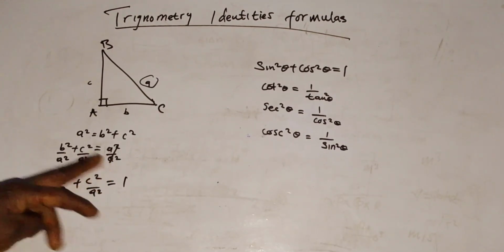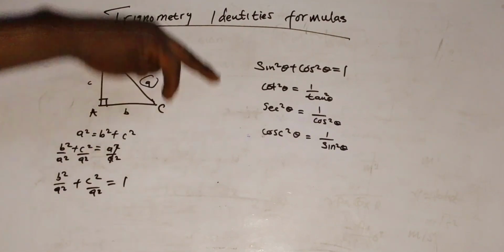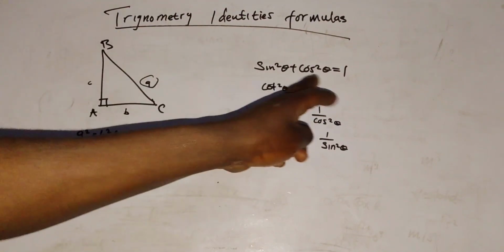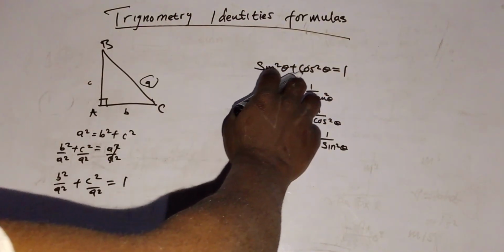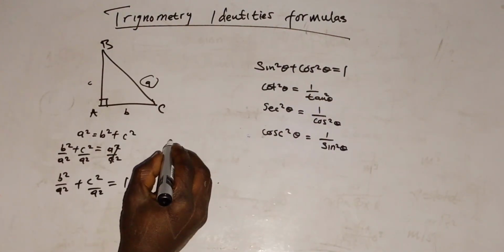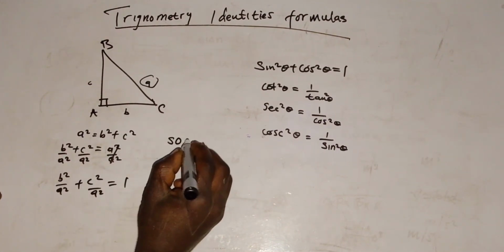And from this expression we can create this trigonometry identity, which is sine squared theta plus cos squared theta equals 1.